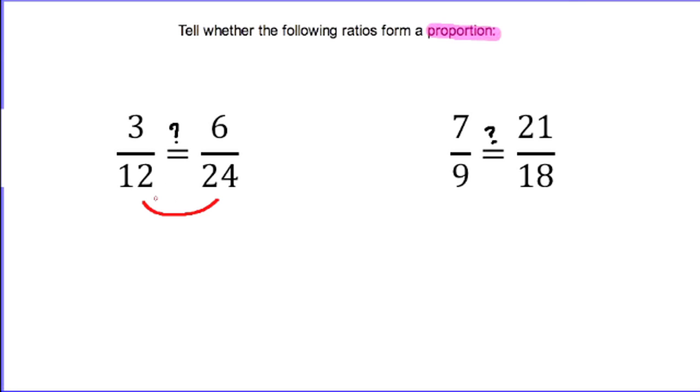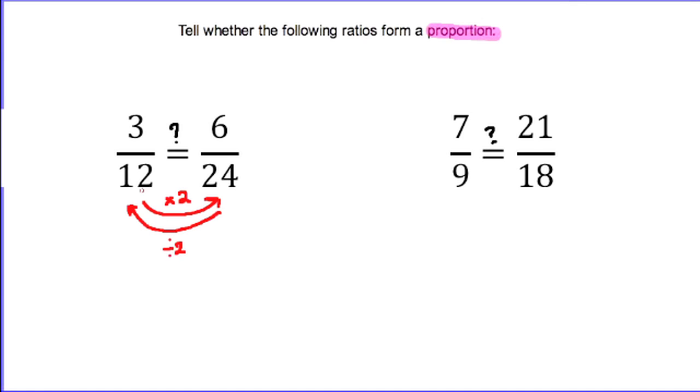I can see that if I go from 12 to 24, I would need to multiply by 2. When we're talking about ratios and proportions, we're always looking for multiplying or dividing patterns, never adding and subtracting. Likewise, if I go backwards from 24 to 12, that would be dividing by 2.